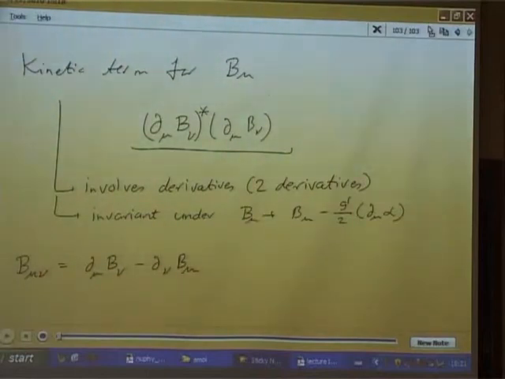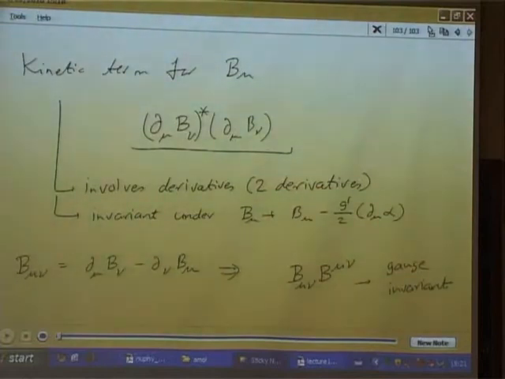Then if you write down B mu nu times B mu nu, this term is gauge invariant. One thing is, of course, you can check that this involves two derivatives, because B mu nu has one derivative, either this or this, and the second B mu nu has a second derivative. So just two derivatives, so it looks like a kinetic term for the boson.